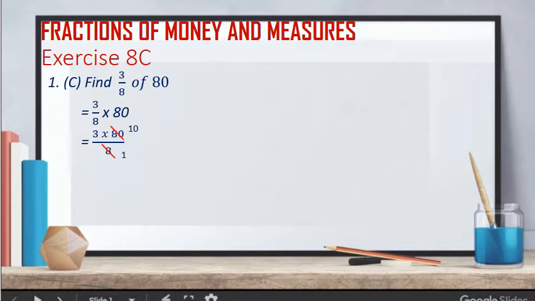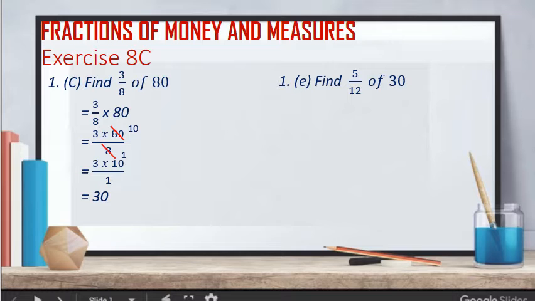So 80 divided by 8 gives 10 and 8 divided by 8 gives 1. So what is left? 3 multiplied by 10 in the numerator upon 1 in the denominator. So our answer is 30, right?